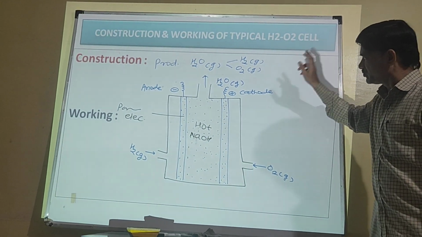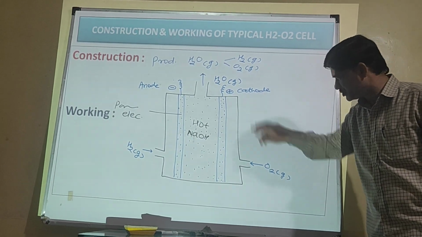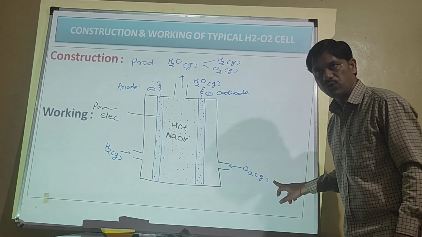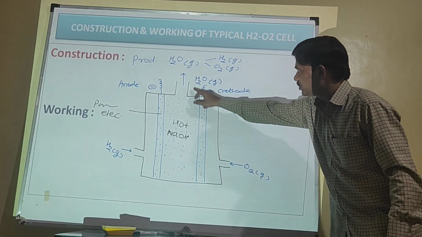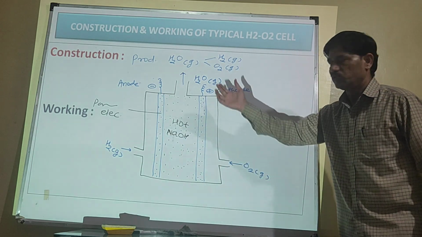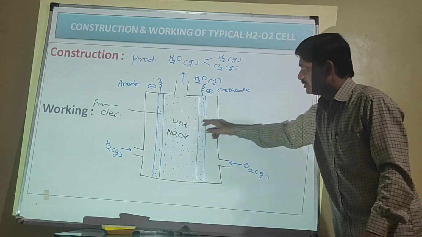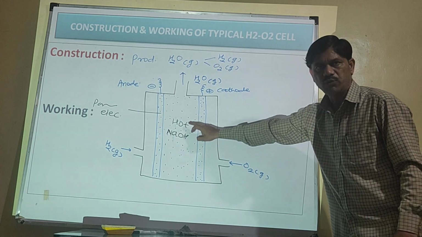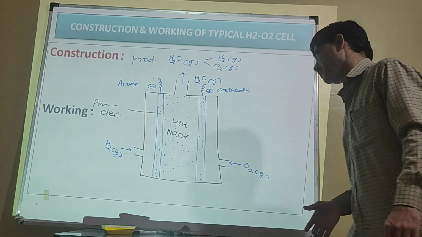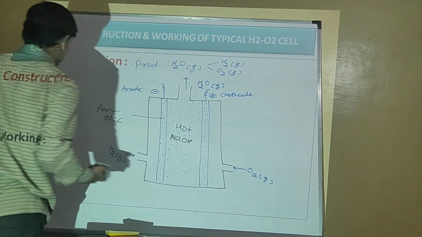Typical H2O2 cell consists of a vessel which has two inlets at the bottom, one for H2 gas, another for O2 gas. There is an outlet for water vapor. These porous electrodes act as which one? Anode and cathode respectively, and in between these electrodes there is the presence of hot NaOH solution. So this is regarding which part? Construction part. Then we are shifting towards working.